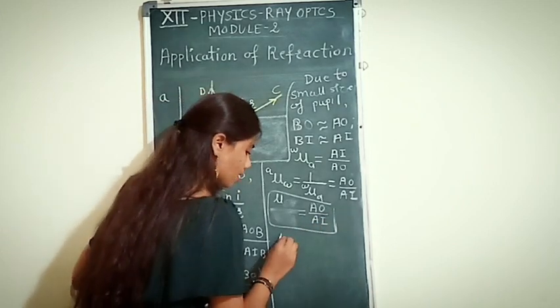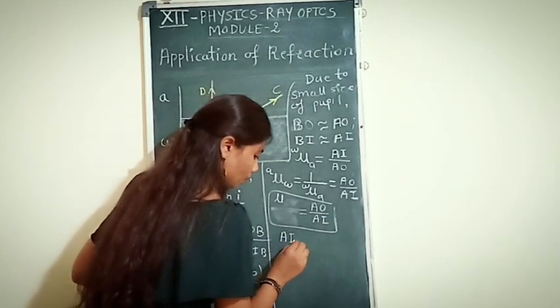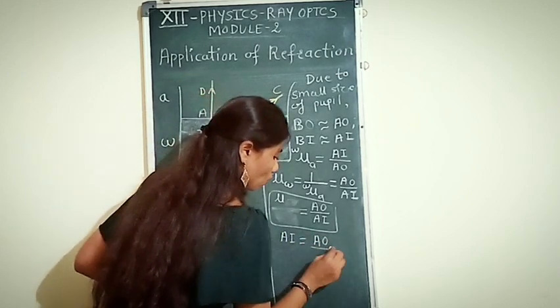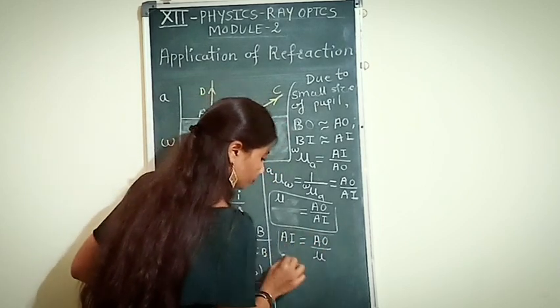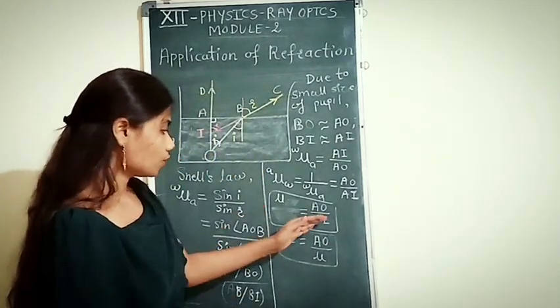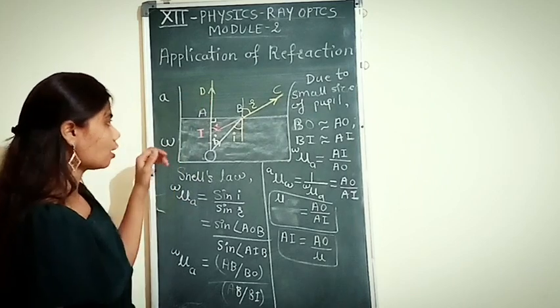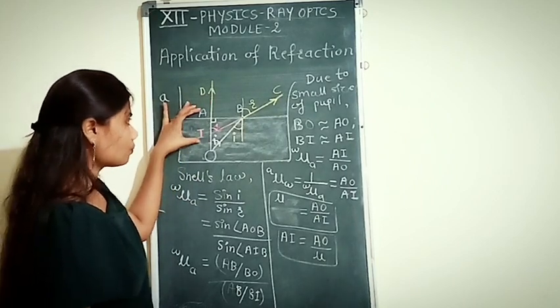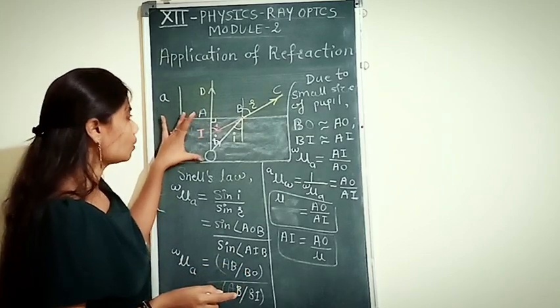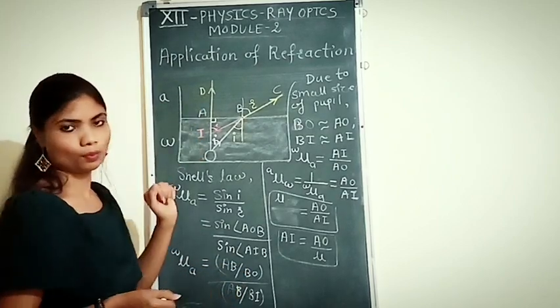So we can say that the apparent depth AI is equivalent to the real depth AO upon mu. This relation can be understood from the diagram: the apparent depth, which is AI, is small as compared to the real depth AO, right?